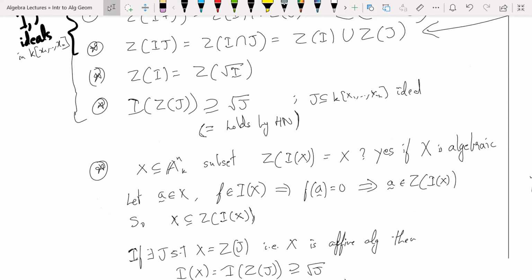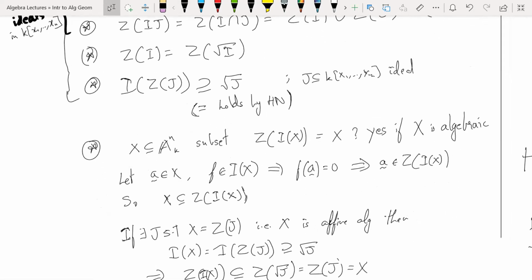For the other inclusion, here we didn't really use that X is an algebraic set, so now we'll use the fact that it's an algebraic set. What happens is if you take Z of I of X for some arbitrary X, what you get is the closure of X in the topological sense.